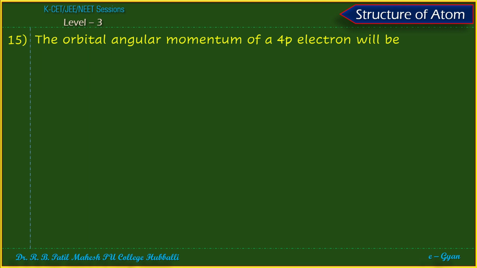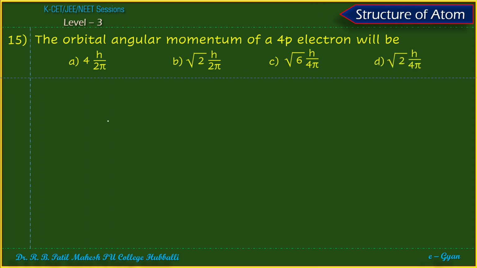The orbital angular momentum of 4p electron will be. For orbital angular momentum, we have the formula L is equal to square root of L into bracket L plus 1, h divided by 2 pi. Here we have 4p, where n, that is principal quantum number, is 4 and L, azimuthal quantum number for p, is 1.